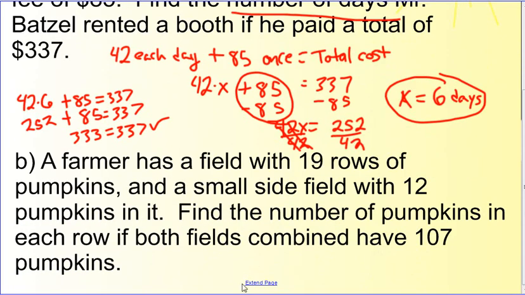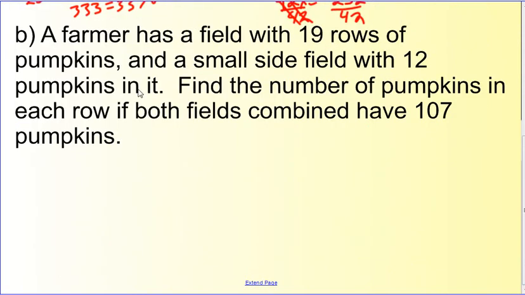Alright. Number 6. It says, a farmer has a field with 19 rows of pumpkins and a small side field with 12 pumpkins in it. Find the number of pumpkins in each row if both fields have a combined 107 pumpkins. Okay.